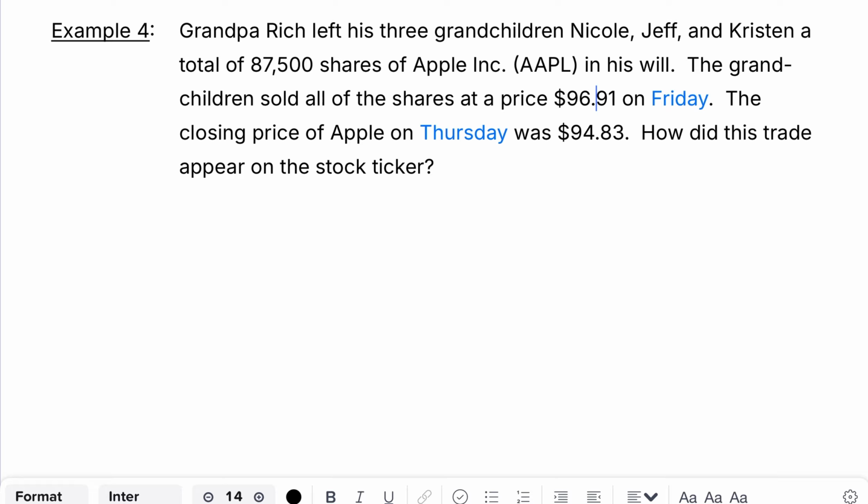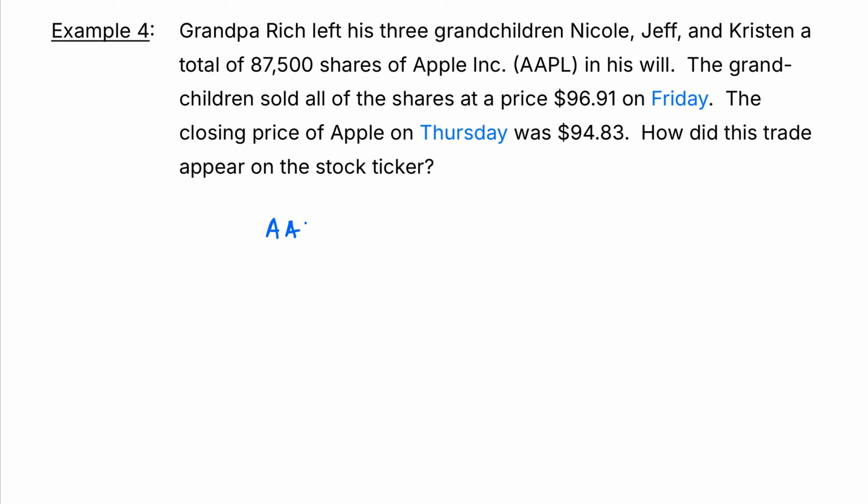Okay, so we would start with the stock symbol for Apple, which is AAPL, and the number of shares sold was all of them, so it would be 87,500. Okay, and they sold it at 96.91.